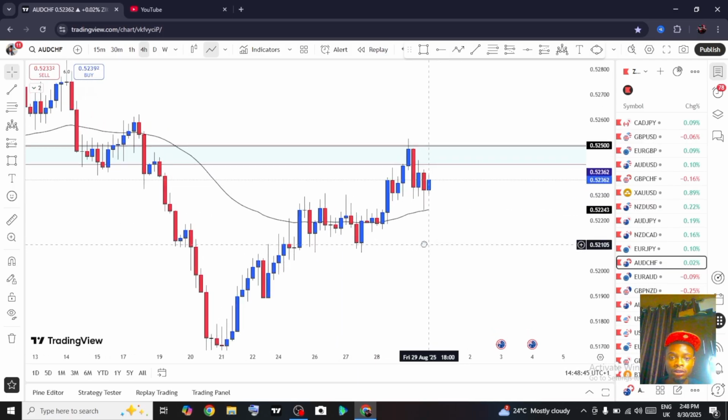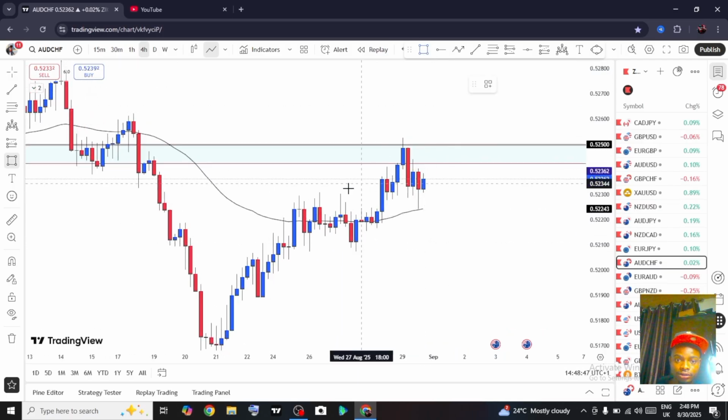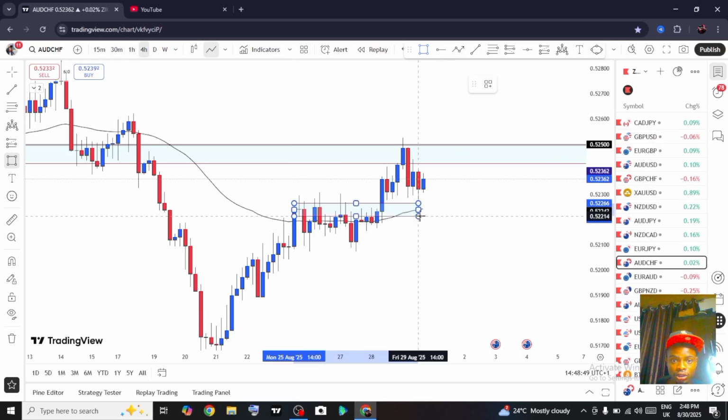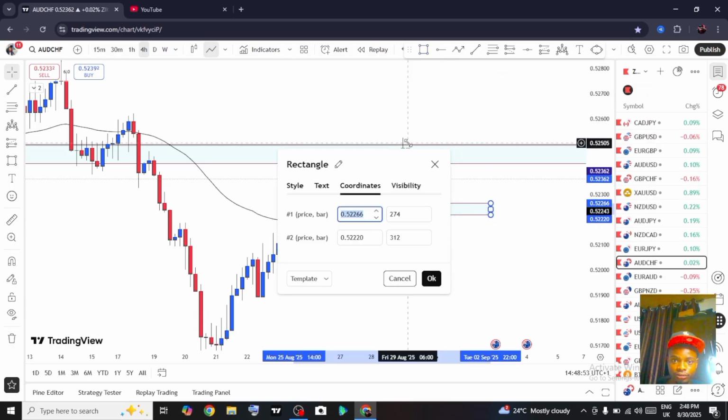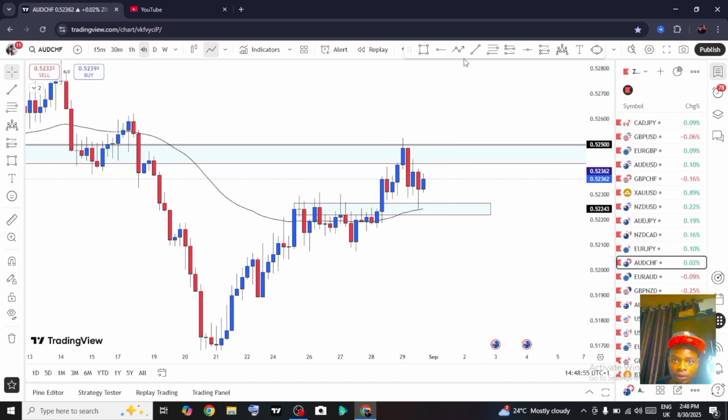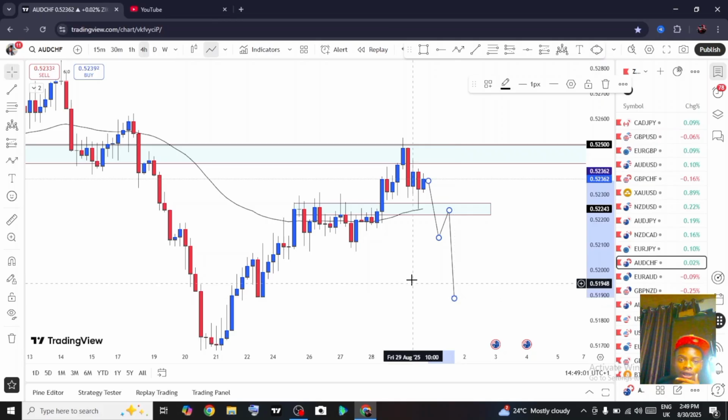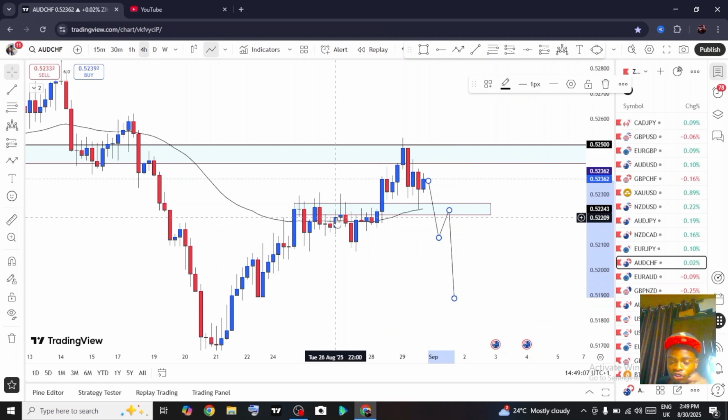So here's how I plan to sell this market, right? I just want a break and retest below this area right here to sell. I want a break and retest below this area just like this to sell. Now I just want to let you guys know that this consolidation right here means that there was a lot of price activity around that area.